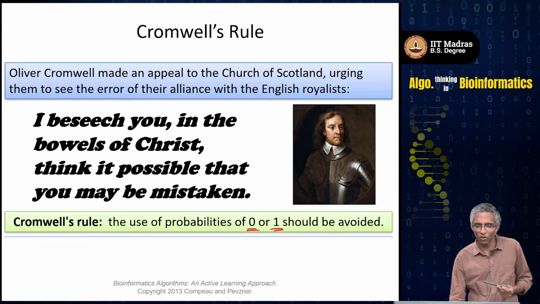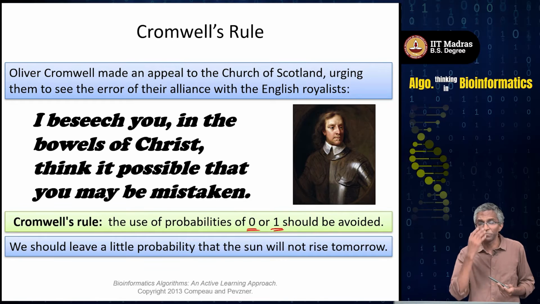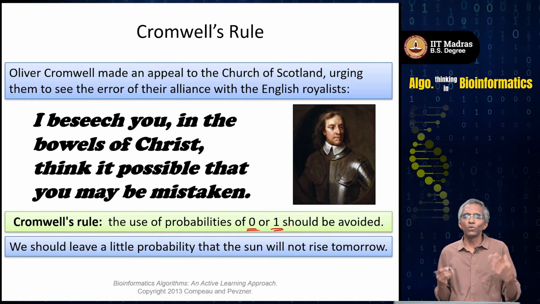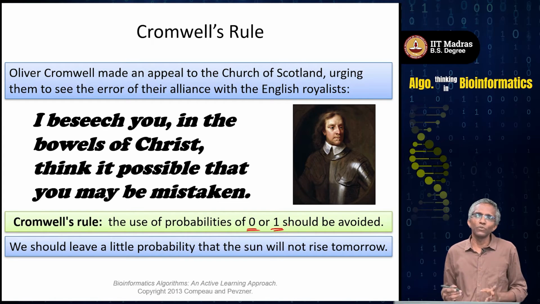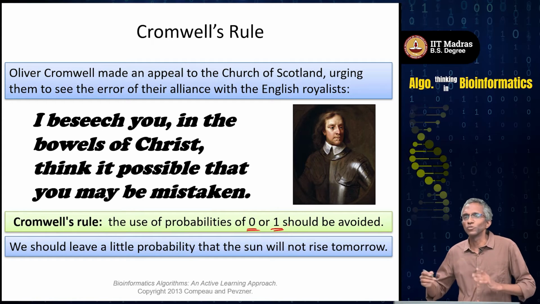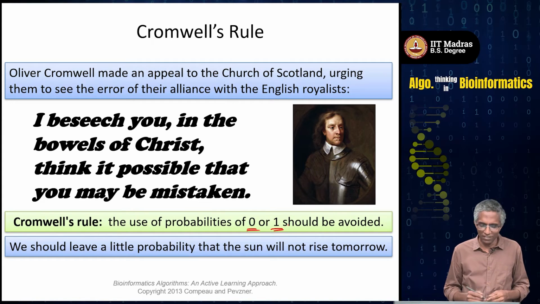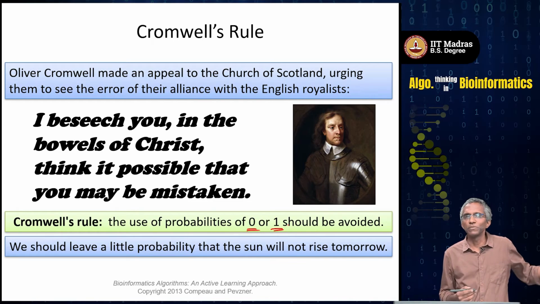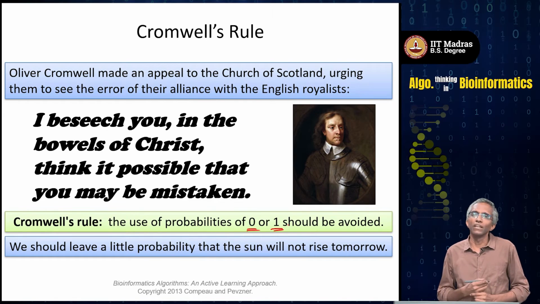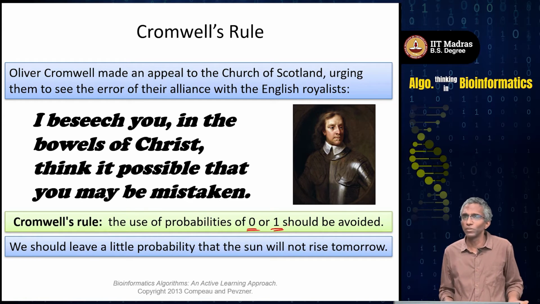But not just Cromwell, others have also talked about 0 or 1 probabilities, especially in the context of the probability that the sun will not rise tomorrow. In all the years that you have been alive, you have seen that every day the sun rises, and so you can say that the probability should be 1.